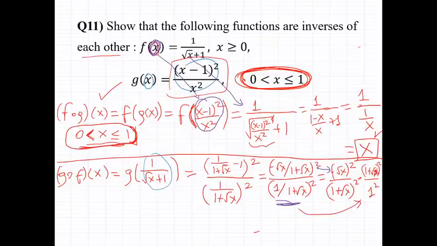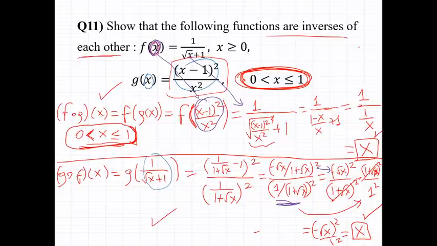So I flip, I take the square of all, and then there will be this cancellation, and we will have minus square root of x squared divided by 1 squared, which is here, this one will be plus, and this one will be x, so we end up with x here. So we are done. We have shown that f composition g and g composition f is equal to x, so they're inverses of each other. It's done.